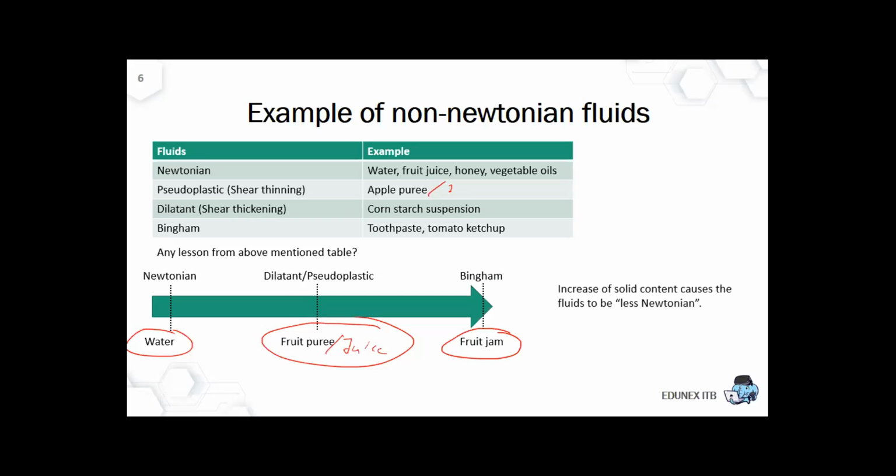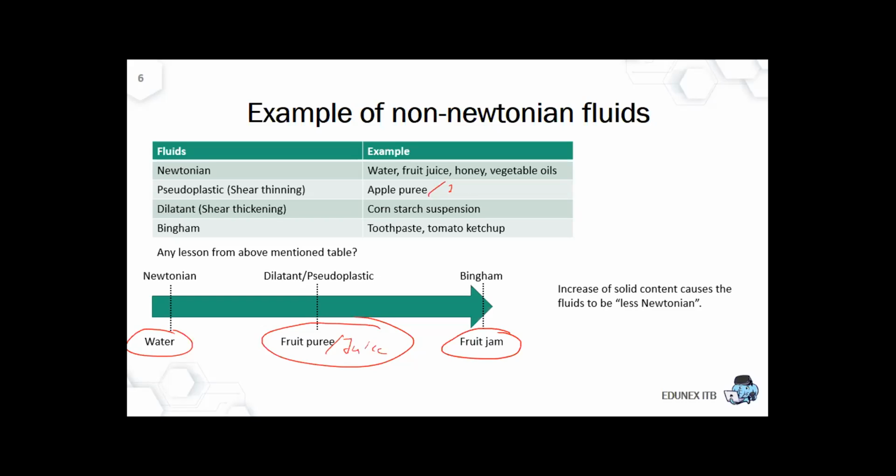So increase of solid content causes the fluids to be less Newtonian. When you add more solid, its fluidity becomes less and less. I mean, a very fluid one is always Newtonian. Pure water is Newtonian.